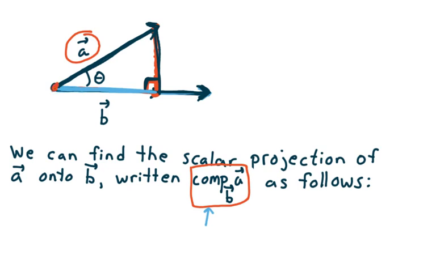It's going to start at the initial point of B, extend out this way, and stop here. Essentially what I'm asking is, what does A look like in the direction of B? That's what we're trying to calculate.